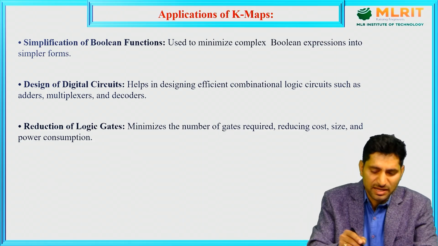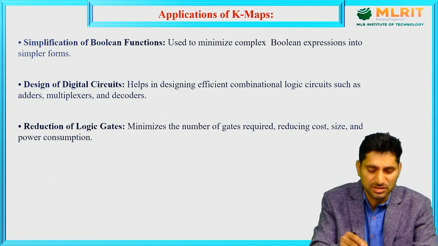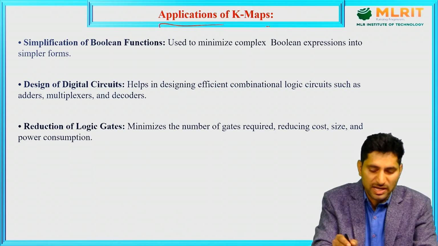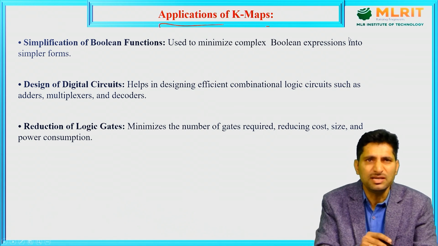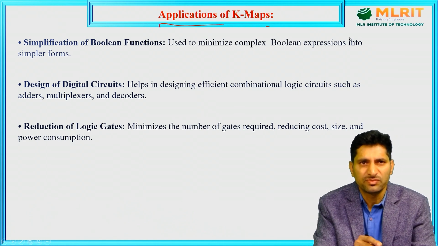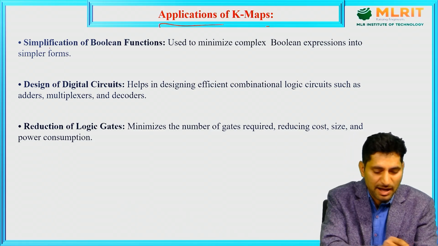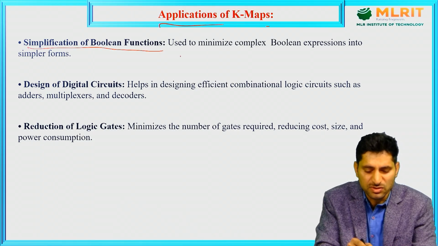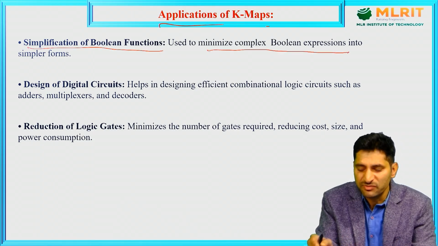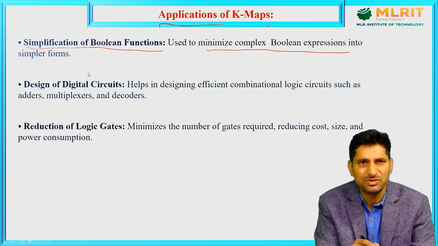First we will see the applications of K-map, where exactly we can use K-maps. K-map is used for simplification of Boolean functions. While designing any digital circuits we use simplified Boolean functions, and there we can apply K-maps. Simplification is used to minimize complex Boolean functions into simpler forms, which leads to simpler circuits.